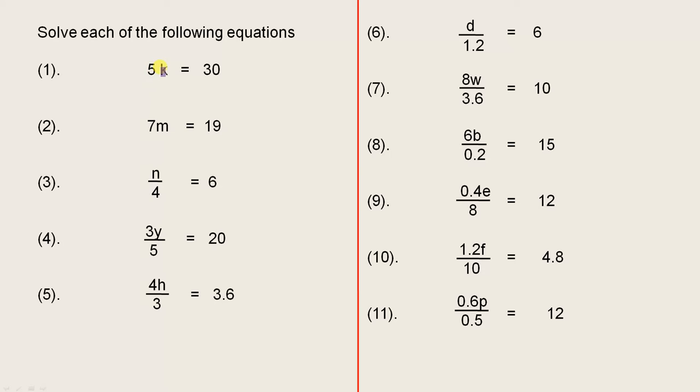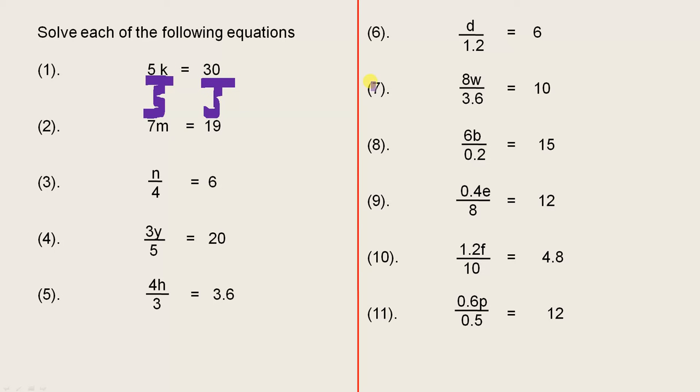Because that's multiplication, the opposite or the inverse operation of multiplication is division. So if we divide that side by 5, and then we also divide that side by 5, the 5's cancel and we're left with k, and the answer will be 30 over 5.